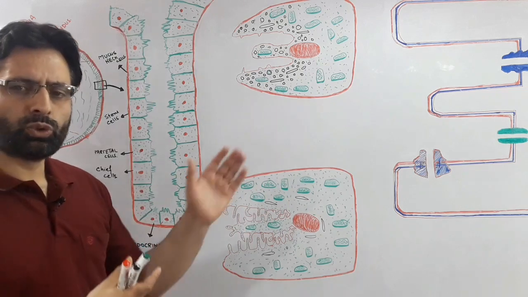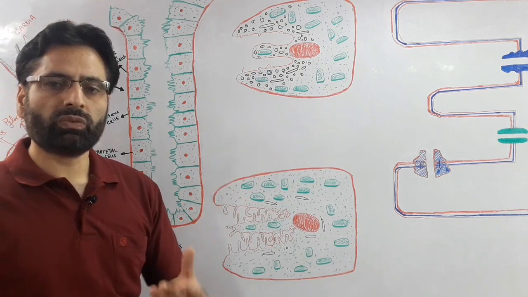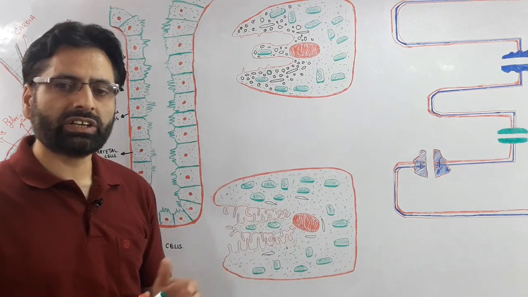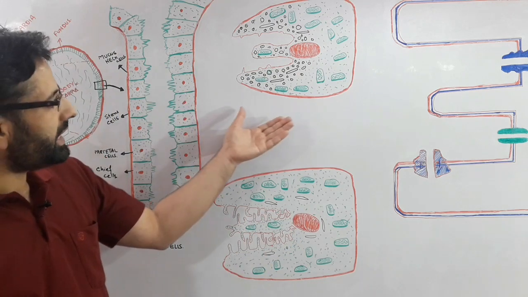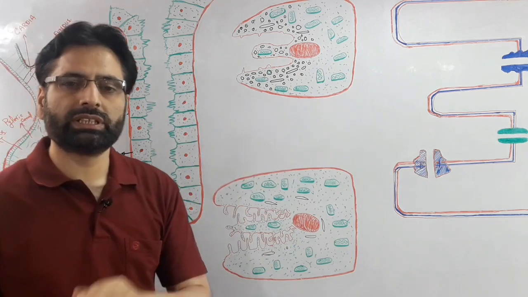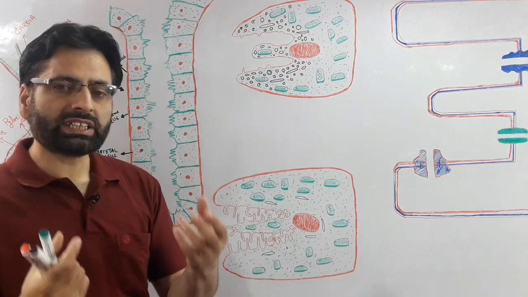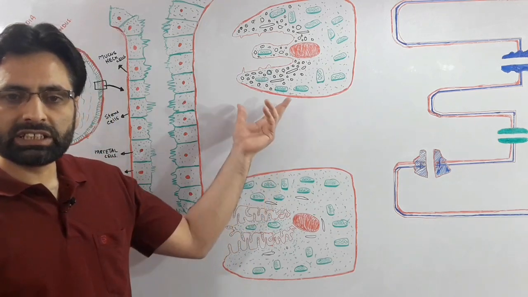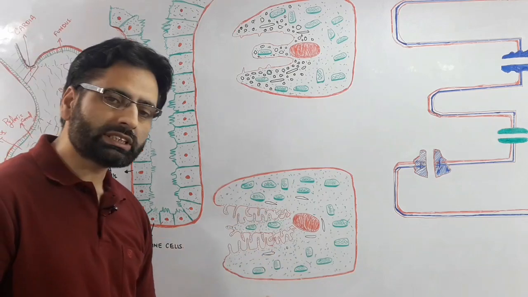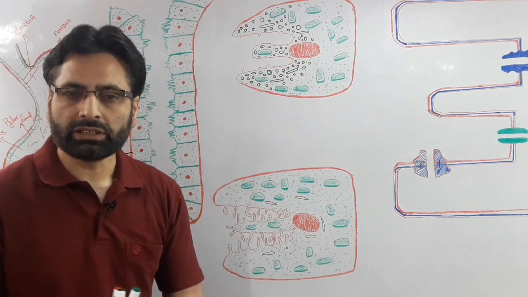As we are supposed to explain the mechanism of acid secretion, let us try to understand what the structure of these parietal cells is and how this structure changes from the resting state of the cell towards the activated state of the cell.